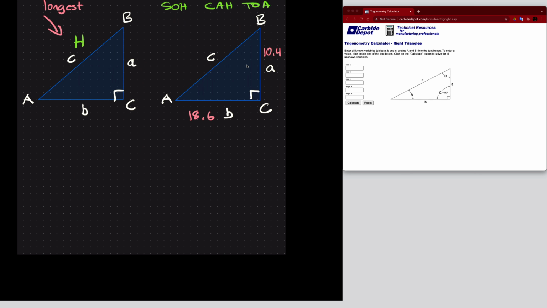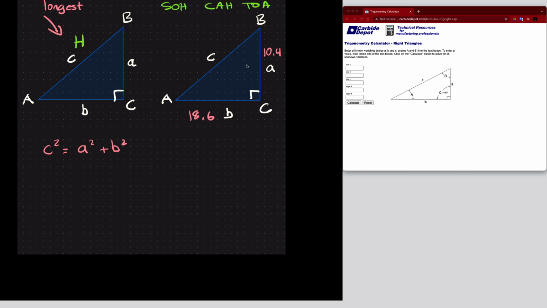Okay, the first thing that we need to do is calculate out side C. In order to do that, we are going to use c squared equals a squared plus b squared. Now, once we manipulate this formula, we're trying to basically solve for c, not c squared.